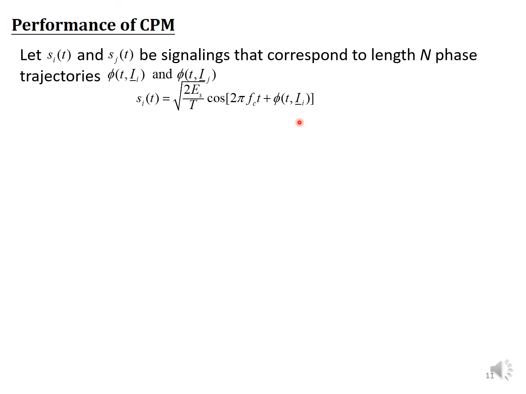So we have a signal after a length-n sequence transmission and receiving, and then we have accumulated phase phi(t, I), and here the vector I represents the previous transmission sequence.